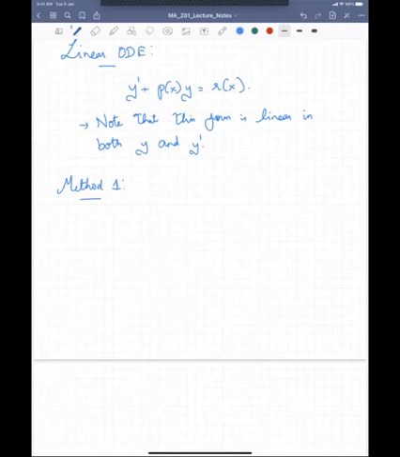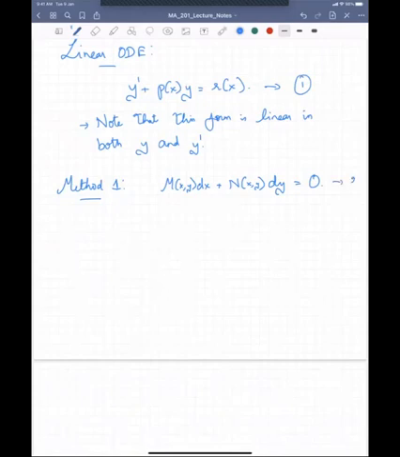So note that this differential equation can be brought into the form that we discussed yesterday. The form that we discussed yesterday was M of x comma y dx plus some function N of x and y times dy equals 0, right? They're all various ways of writing y prime equals f of x, y basically. If I look at the equation written above, which I will call equation 1, equation 1 can be brought into the form of equation 2.